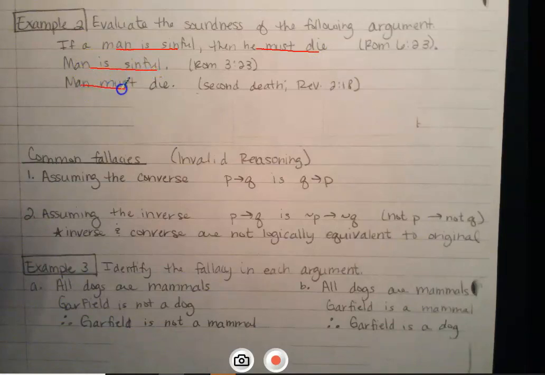And then it says, well, man must die. So that is connected, right? It's valid because premises and conclusion are connected correctly.